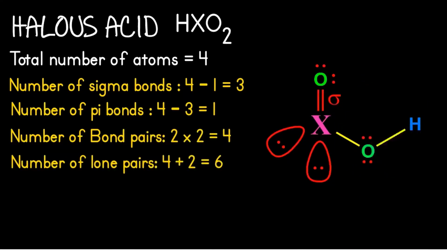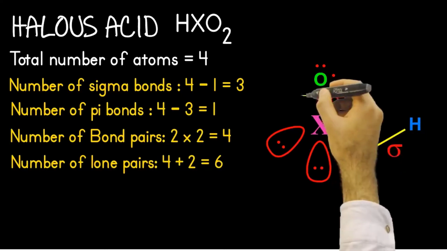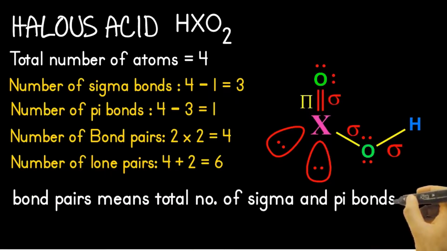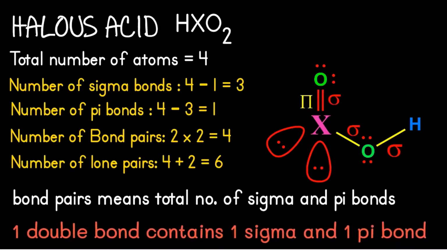Number of bond pairs, there are 2 oxygen atoms, so 2 multiplied by 2, it comes out to be 4. And number of lone pairs will be equal to 4 plus 2 equals 6. So bond pair actually means total number of sigma as well as pi bonds. And in one double bond, there is one sigma as well as one pi bond.